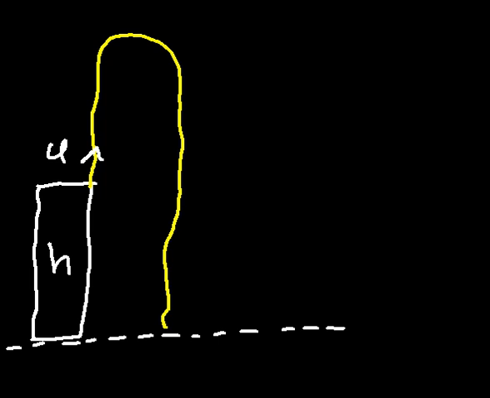And what is the final velocity of the object as it strikes the ground? This is the final velocity, given as v. This arrowhead shows that the object is falling down. So this is the final velocity of the object as it strikes the ground.